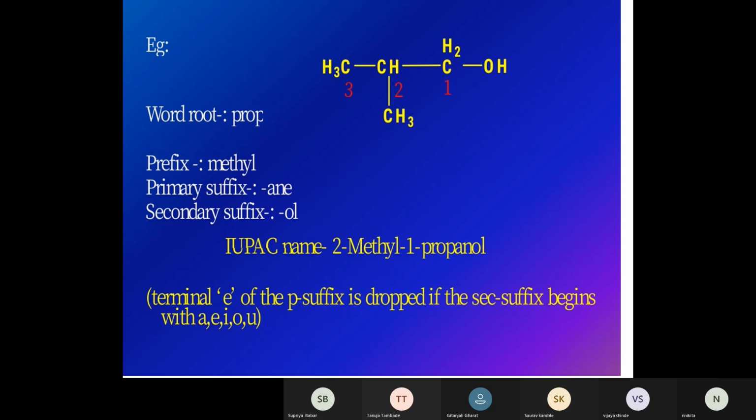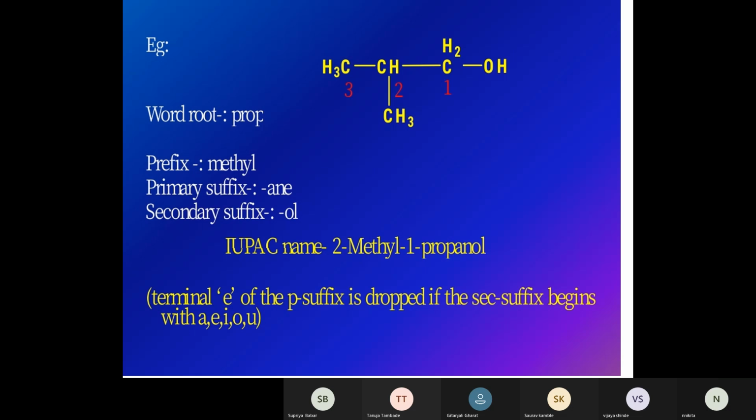Now see here, the functional group is present. Whenever the functional group is present in the molecule, you have to start the numbering from that carbon. So here, the OH is attached to the CH2. That carbon we number as first. Then comes the second and then third.